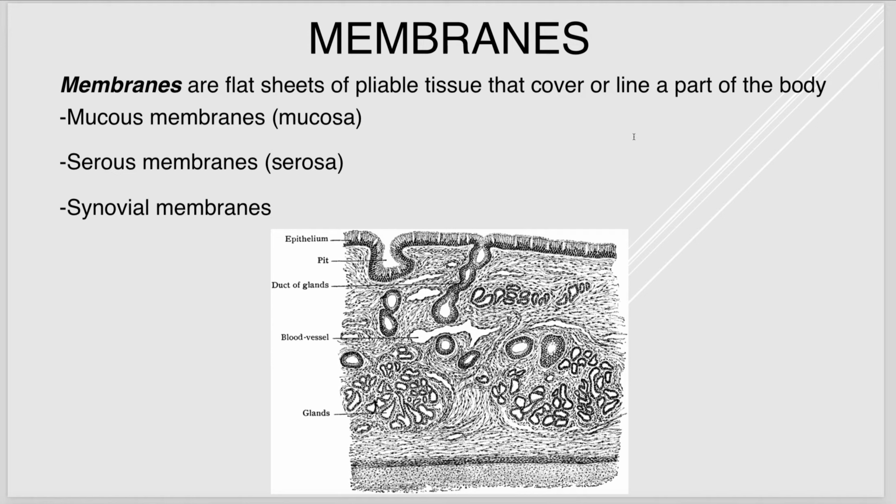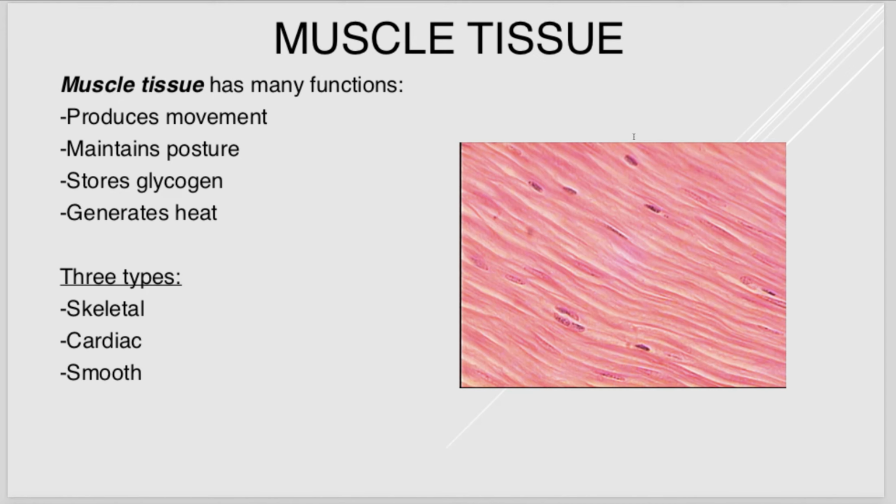Serous membranes, or serosa, we talked about those earlier with mesothelium. These are going to line the outside of organs and the cavities that they are found in, as well as synovial membranes, which we find at synovial joints. And they're going to be important for giving the joint structure, as well as for the production of synovial fluid to help lubricate and resist shock.